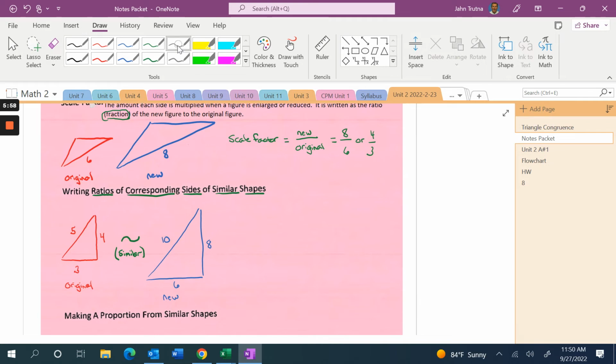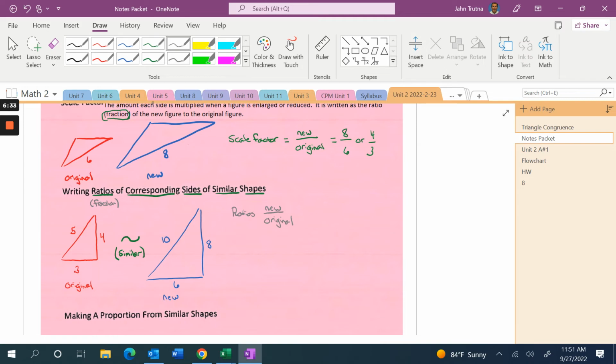Now remember, the word ratio just means that you're going to write a fraction of the corresponding sides of the similar shapes right here. As we said in the previous example, I am always going to set up the fraction with the new shape on the numerator and the original shape on the denominator.